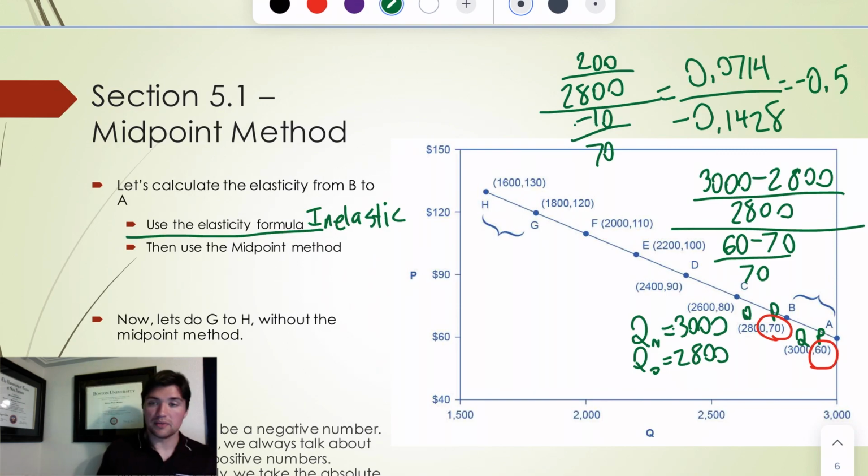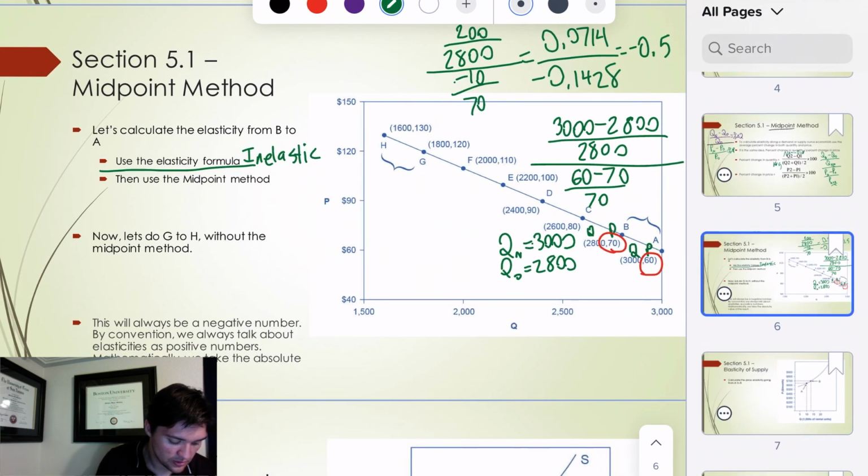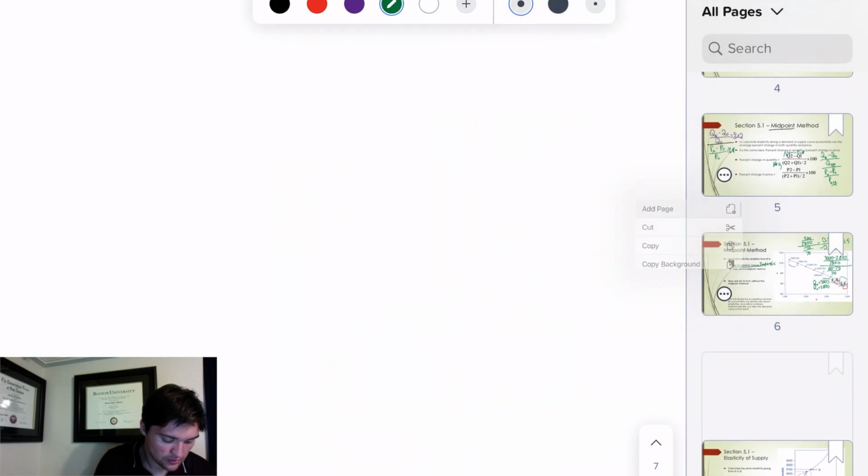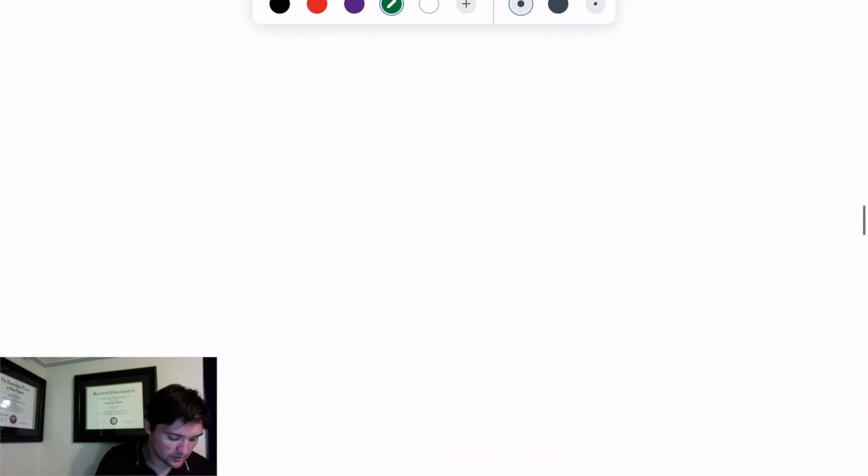Now, what about the midpoint method? What's different there? We're not using old, we're using average. So let's take a look at what that means. I'm going to add a new page here. Let's talk about it. I'm going to write down all my information.